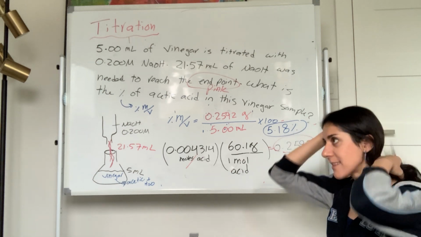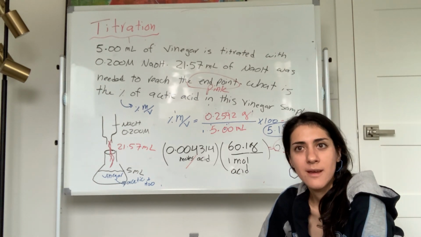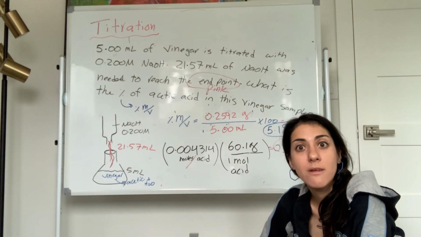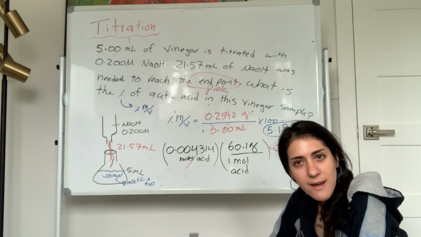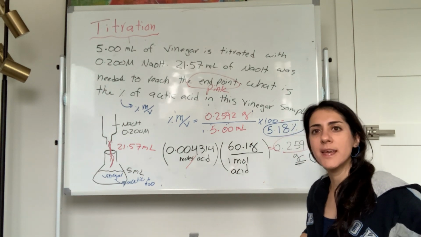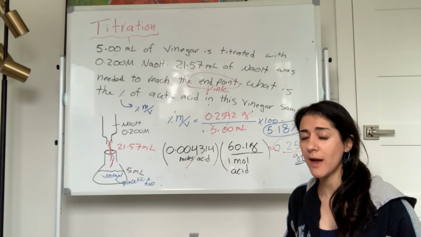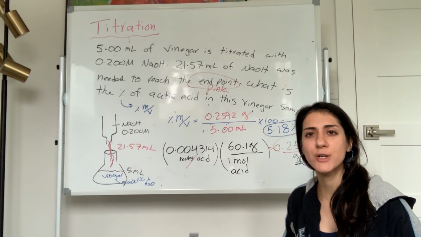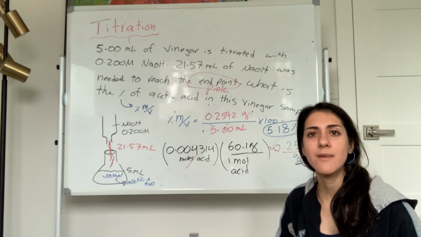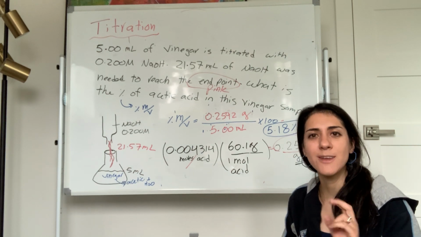Now I have a challenge for you. As soon as you're done with my video, go to your fridge. If you have vinegar in your fridge, take out the vinegar and read the label. On the label, I promise it will tell you the percentage of acetic acid in your vinegar.